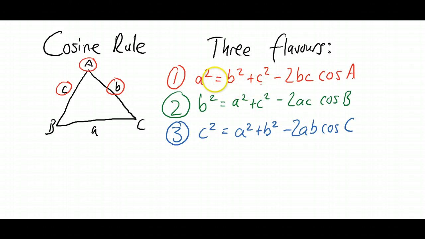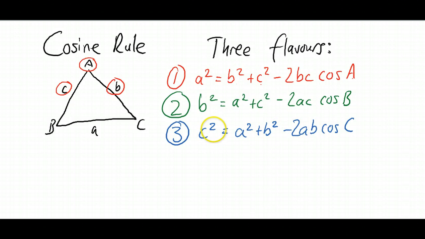Okay, so to find side A, we need to know side B, side C, and angle A. To find side B, we need the other two sides and the angle that corresponds to side B, the angle opposite side B. And then for side C, the same thing again. We need the other two sides, A and B, and we need the angle C, which is opposite side C. So once you've got those values, you just plug them into the equation and it gives you the answer.